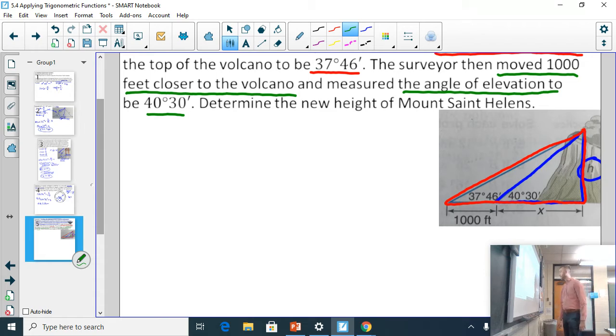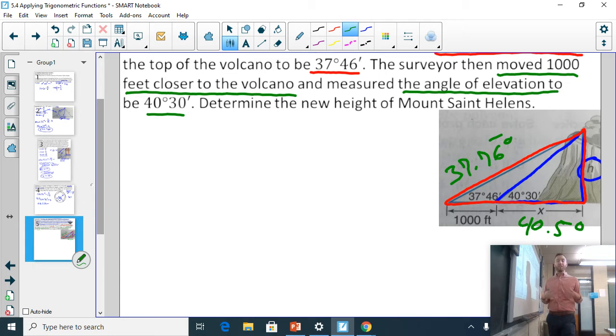First, let's involve this 37 degrees, 46 minutes, which was the same thing as 37.76 repeating degrees, and then this is 40.5 degrees. Now let's just use our trig that we know. Sometimes these problems are just use what you know until you get there. So I'm going to use this 37.76 degrees.